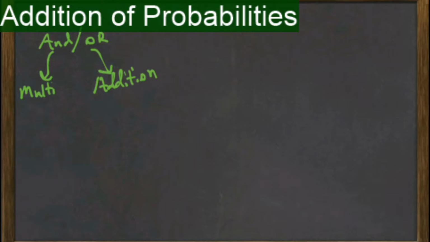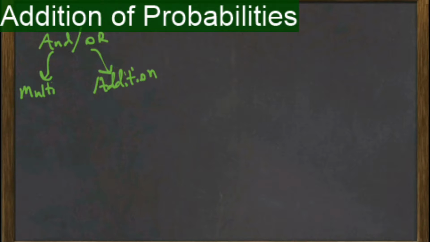So if we want both of those to occur, and so it's a king and it's a heart, that's a different question. It's only satisfied by the king of hearts than if we talk about "or," right? So you either get a king or a heart, or the king of hearts would satisfy both, but the "or" leads to a different path and a different set of calculations we need to do.